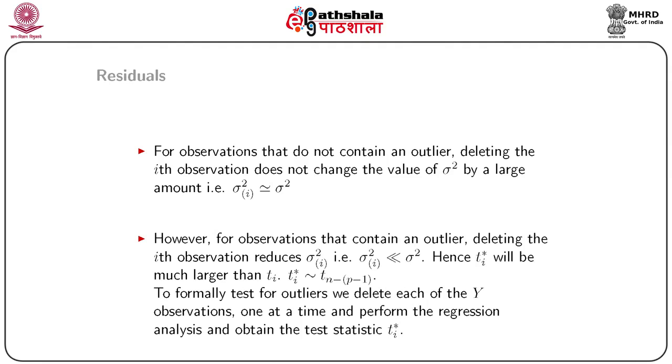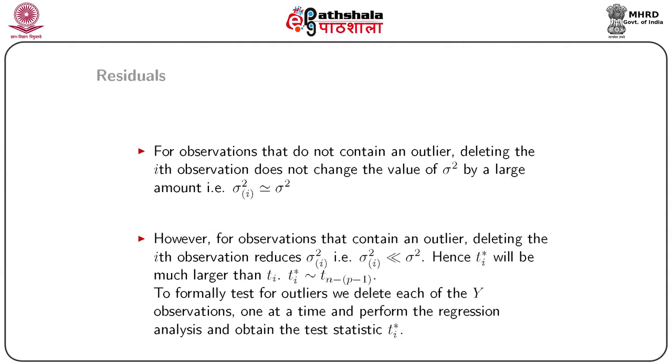That is, after deleting the ith observation, the variance sigma subscript i square is much lower than sigma square. Hence, Ti star, which is obtained by dividing the residuals by sigma subscript i, will be much larger than Ti, or the standardized residual.